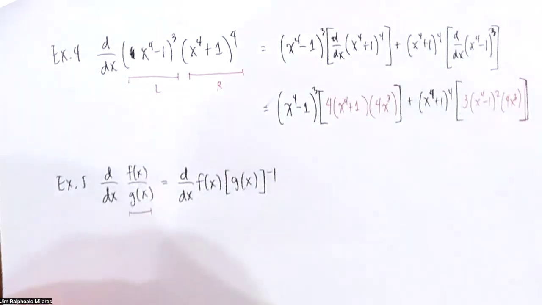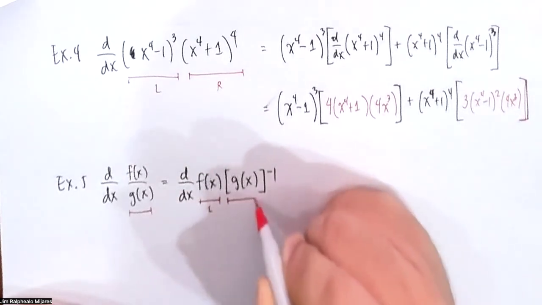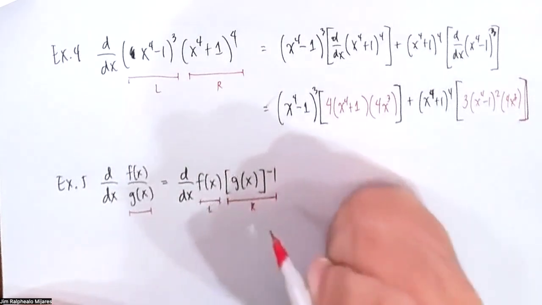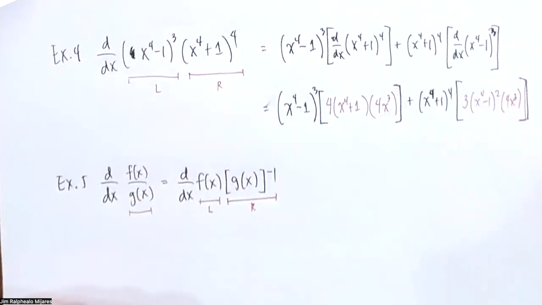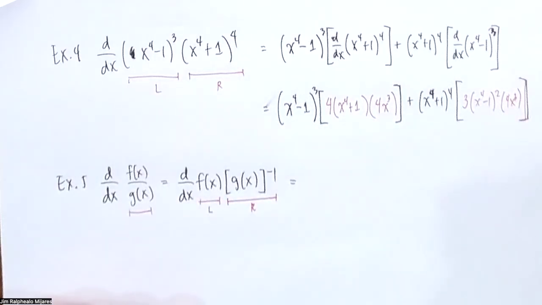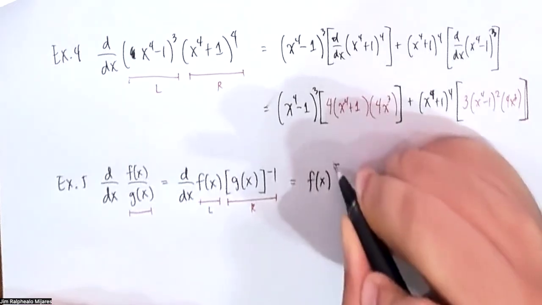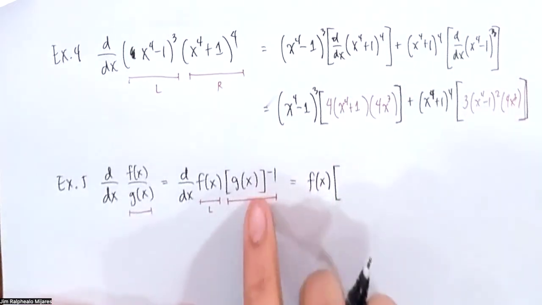So for this particular example, this is our left here. This is our right. So left d right, so it's left times the derivative of right.